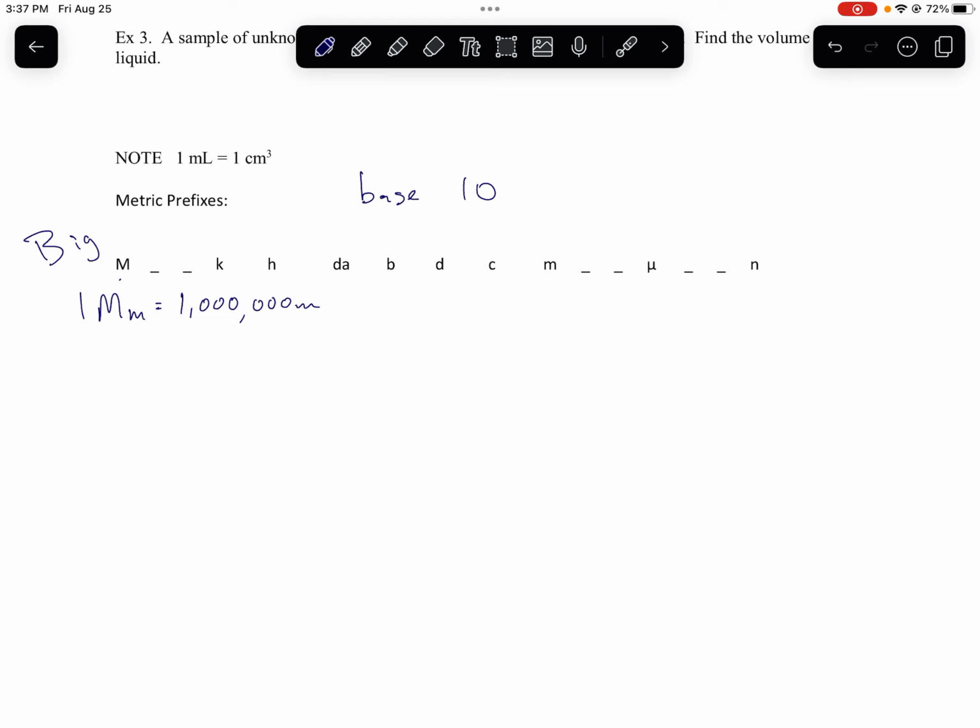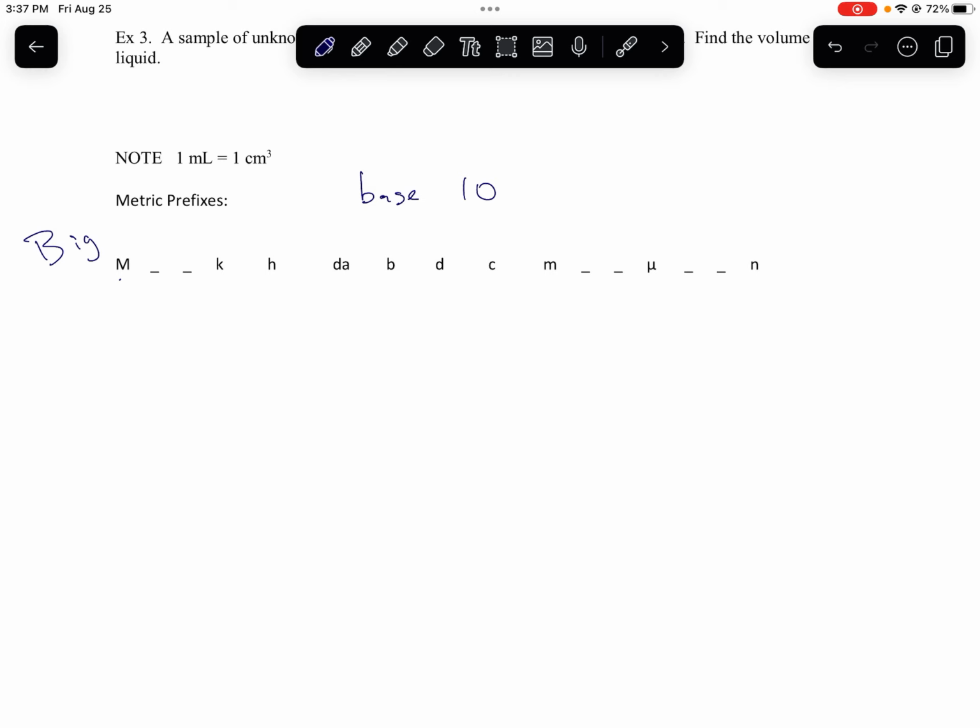By comparison, down here, 1 micrometer is going to be 1 millionth of a meter. Very tiny.